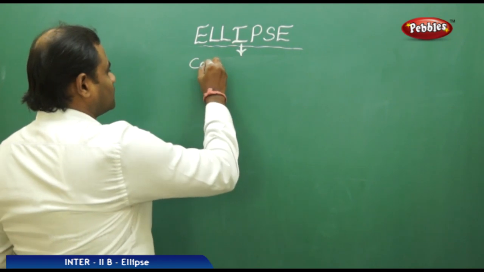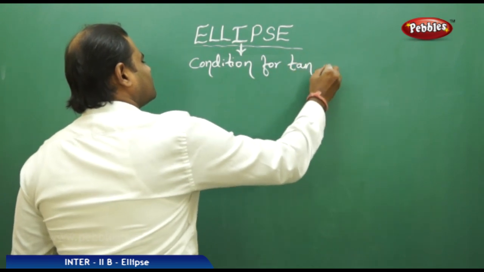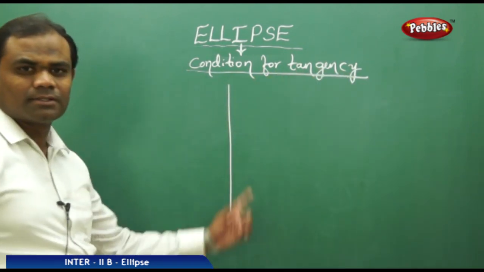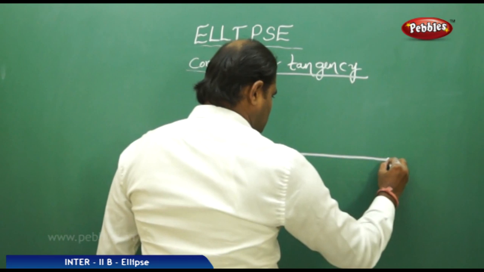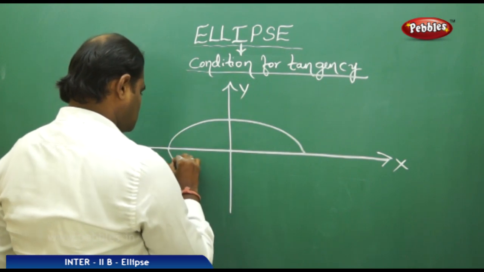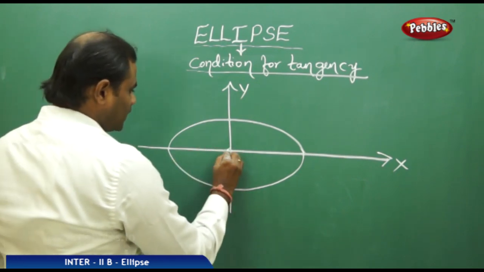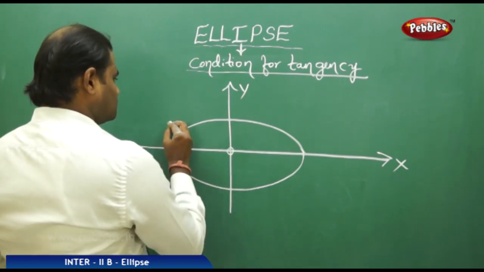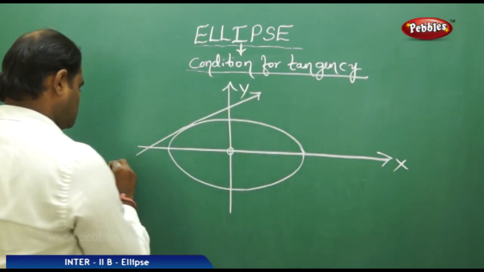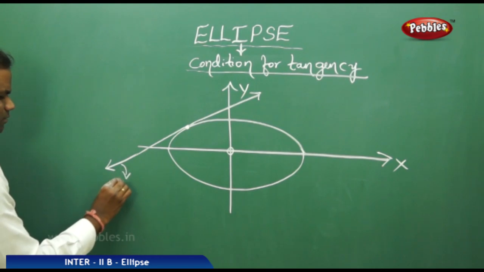The condition for tangency. Suppose I have an ellipse S equal to 0 in standard form with x-axis, y-axis, and for this ellipse I have a tangent, suppose this tangent is y equal to mx plus c.